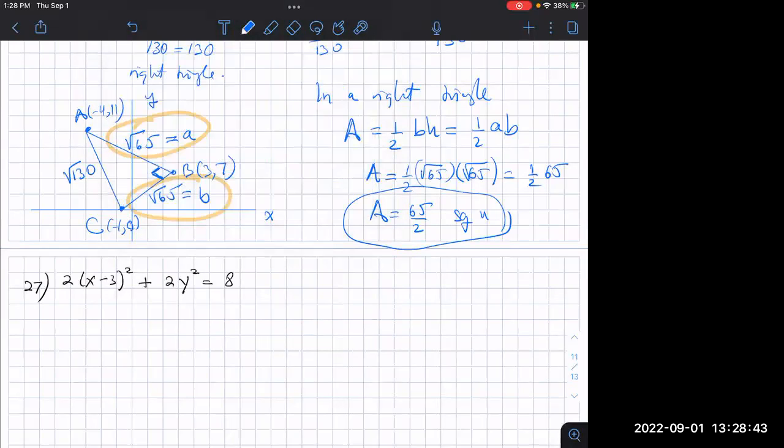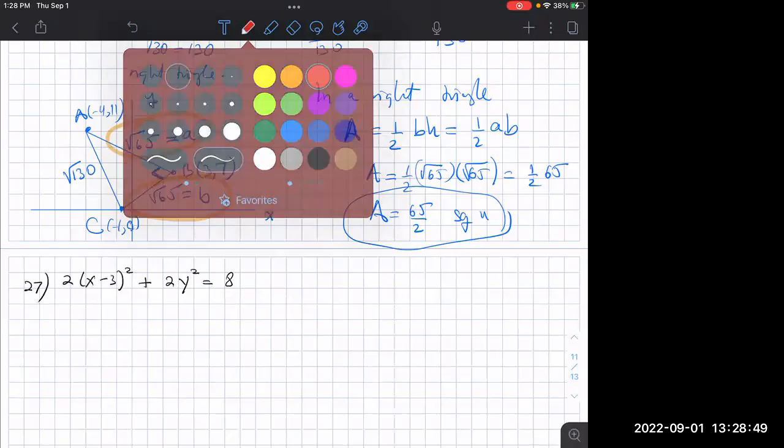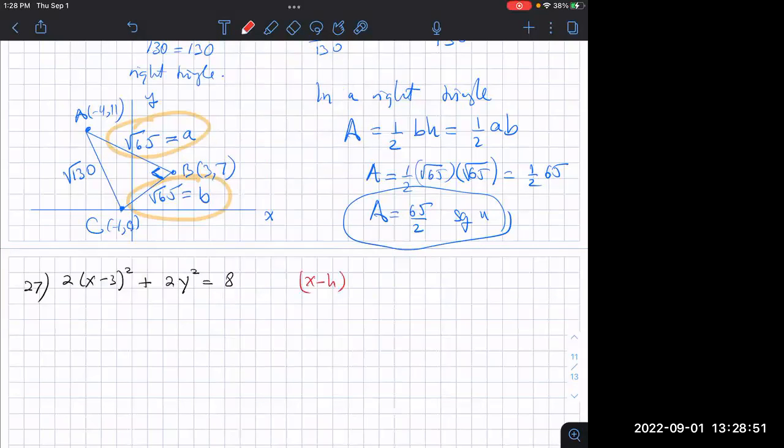This one doesn't have the right format, because you want to compare to (x minus h) squared plus (y minus k) squared equals r squared. There is nothing in front of the parentheses, but here we have the 2's. So what do we do?